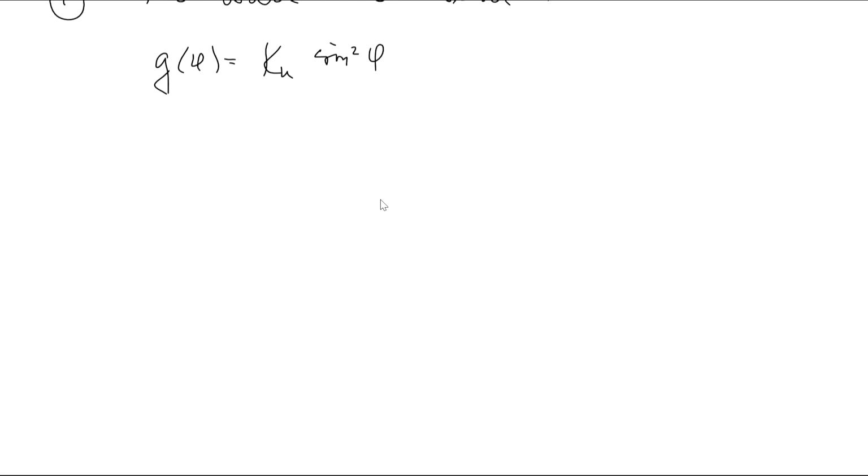What you will get is x equal to the square root of a over K_u times the natural logarithm of tangent φ over 2. That is the result for uniaxial anisotropy, and you can get that by integrating.